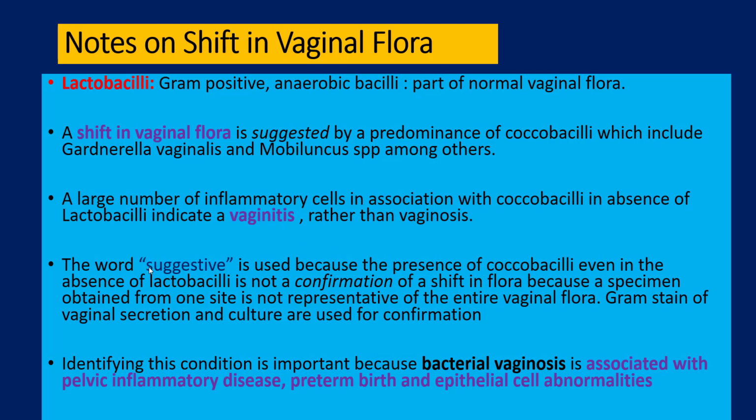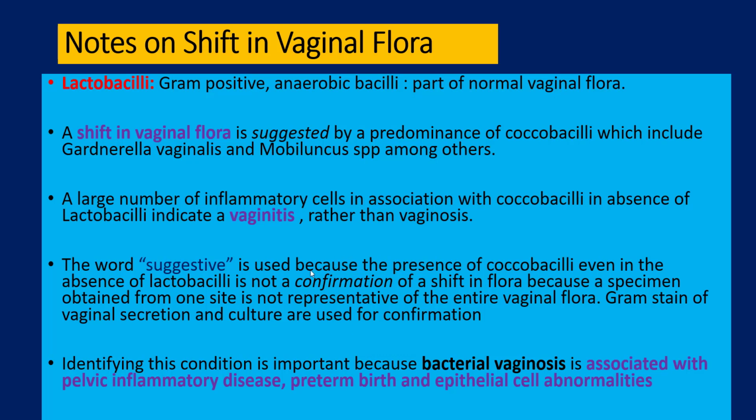Now we use the word suggestive because the presence of coccobacilli, even in the absence of lactobacilli, is not a confirmation of a shift in flora, because a specimen obtained from one site is not representative of the entire vaginal flora. Gram stain of vaginal secretions and cultures are often used for confirmation.